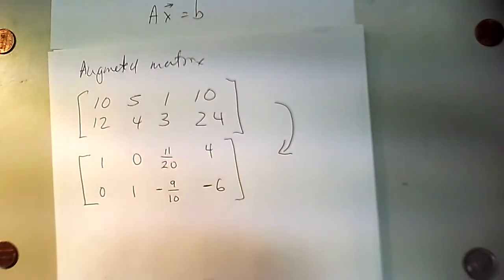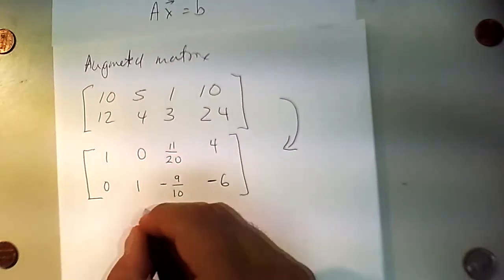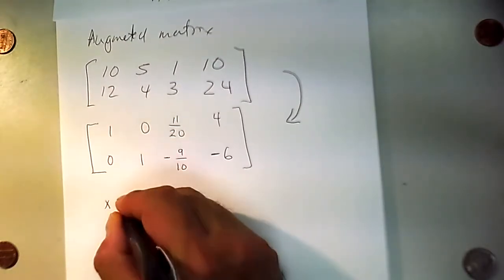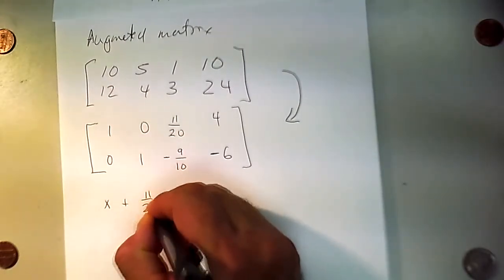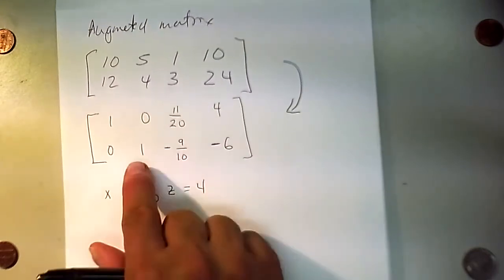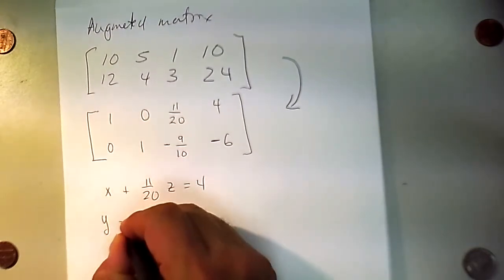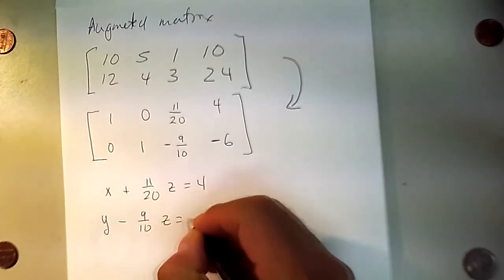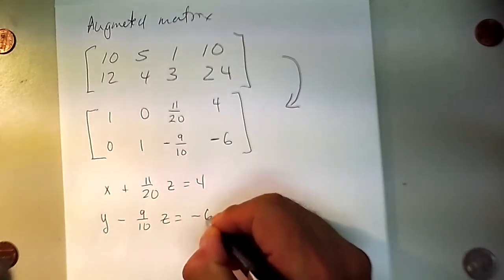What does that mean? It means that x plus 11 over 20 z equals 4, and that y minus 9 over 10 z is equal to negative 6.